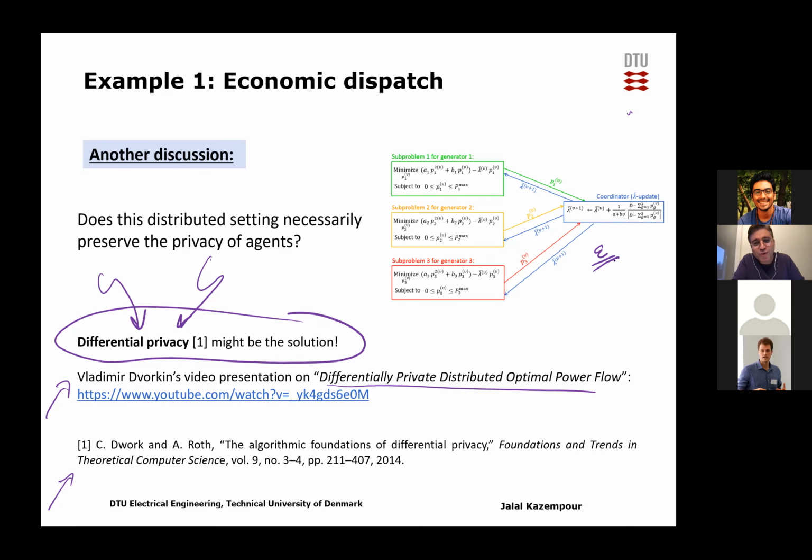So the question is how important privacy is to us. You have to have a trade-off between privacy cost and suboptimality. That's the first thing. So you need to have an optimality guarantee. But before that, you need to have a convergence guarantee. And also before optimality and convergence guarantees, you need to have a feasibility guarantee.